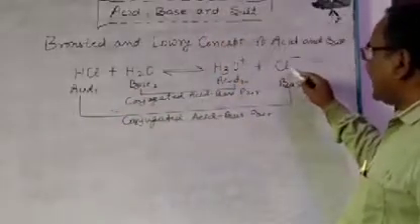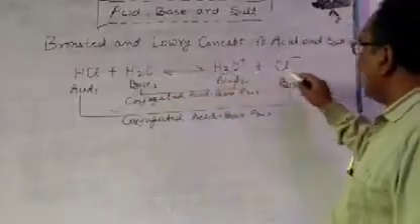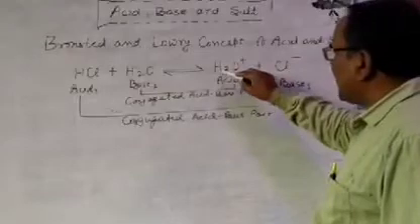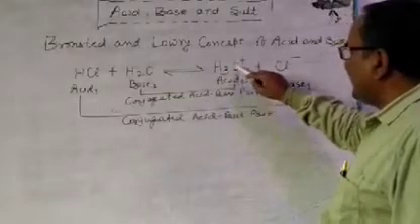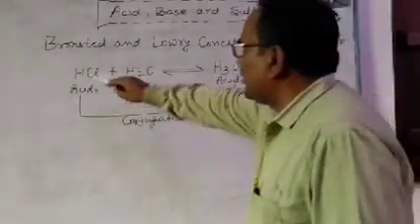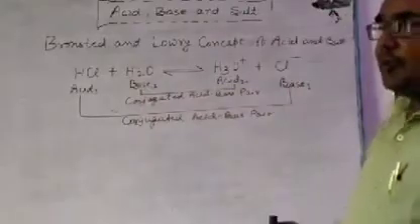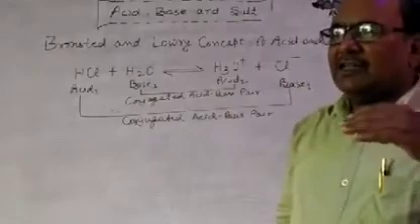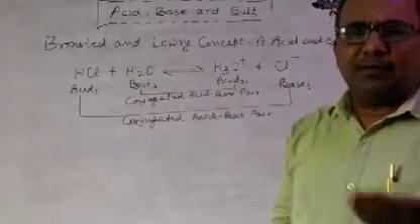Because Cl minus ion in reversible reaction, in backward reaction, accepts H plus ion donated by acid to convert into HCl. So it is very interesting to understand what is the conjugated base of acid.